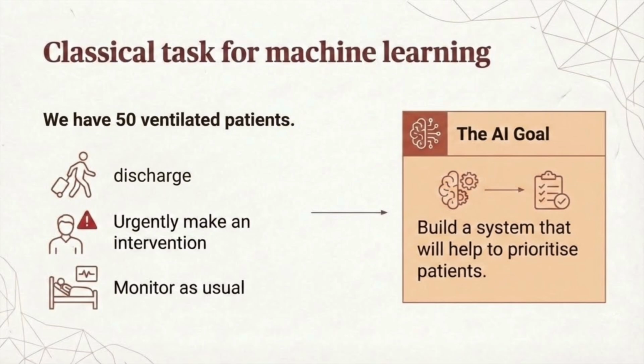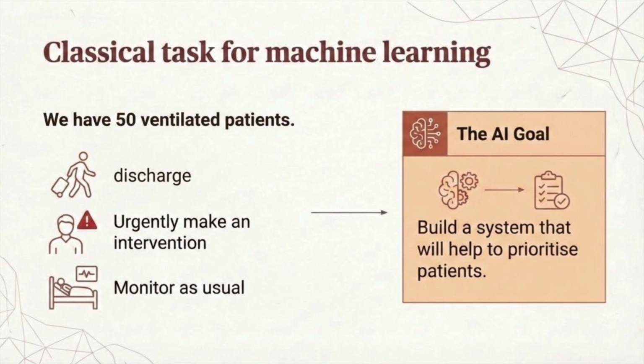As always, we start with a clinical task, classical for machine learning, and now it will be from a topic very close to me, mechanical lung ventilation. Assume we have 50 ventilated patients, and they are in very different conditions.